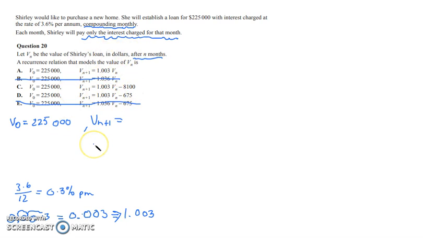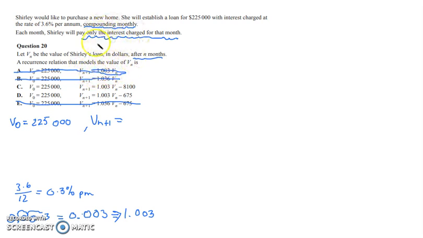Now we're down to three options. Because this is an interest-only loan and she pays back the interest, option A is only increasing the loan and nothing is being taken off, so we can take that one off as well.